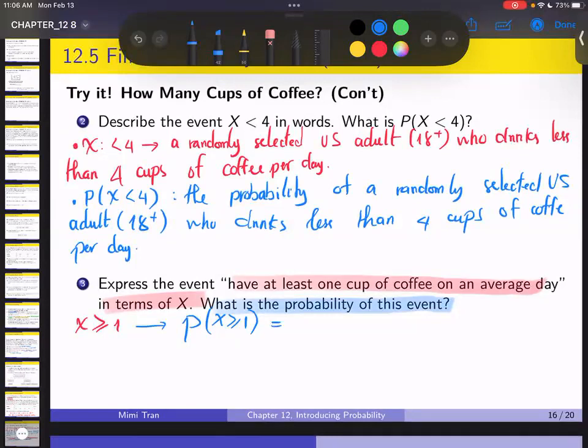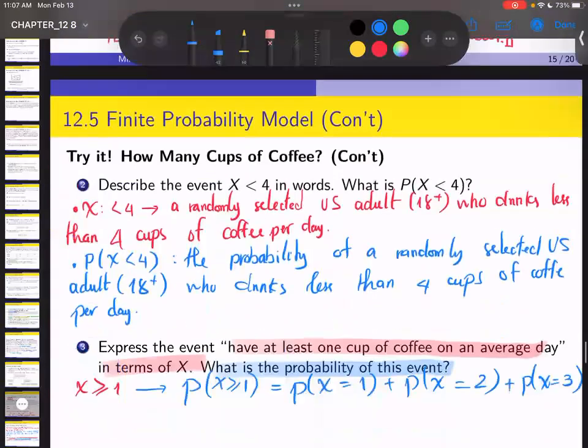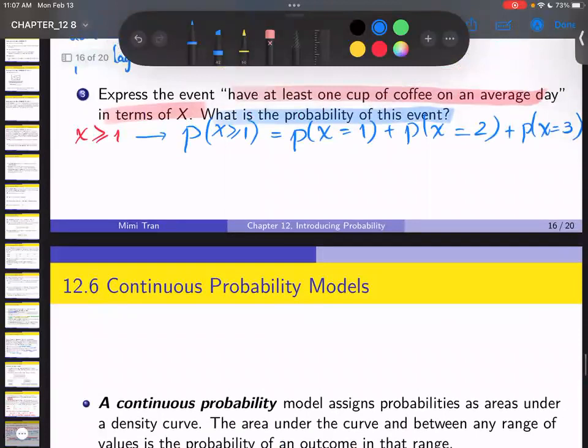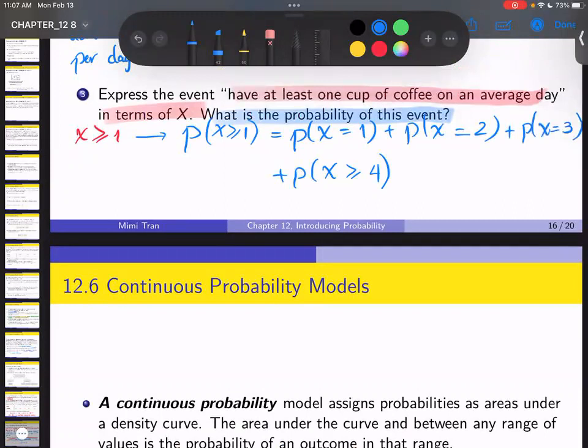The probability of someone drinking at least 1 cup of coffee per day is equal to the probability that the randomly selected person drinks 1 cup, plus P of X equals 2 cups, plus P of X equals 3 cups, plus P of X is 4 or more. I'm just rewriting what the problem tells me to write.